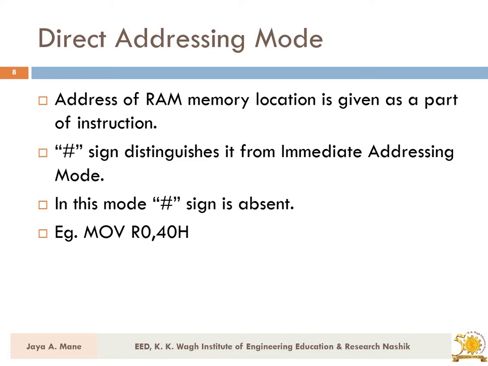So in that condition we have to use the address itself. We cannot call it by name because the microcontroller does not know that location by its name. So when you write it that way, you are writing the address.